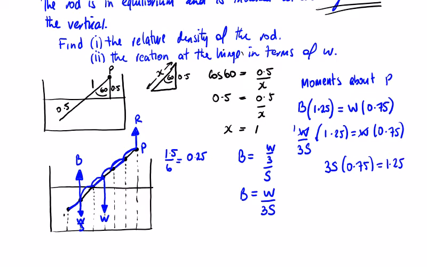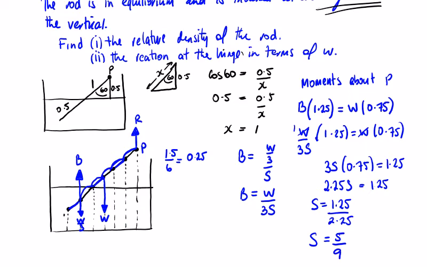So that's 2.25S equals 1.25. So S has to be 1.25, the relative density of the rod, over 2.25, and there's 0.25s in all of them. How many are in the top? There's 5 of them in the top, and there's 9 of them in the bottom. So the relative density of the rod is 5 over 9.